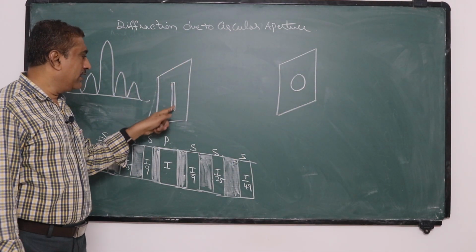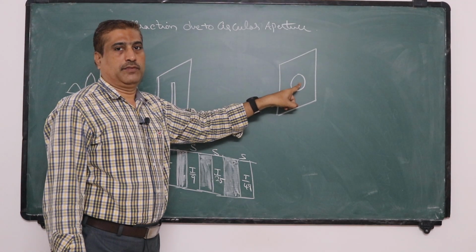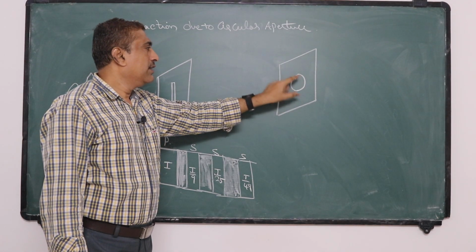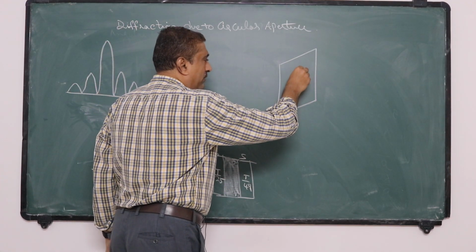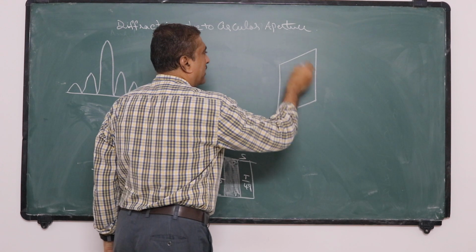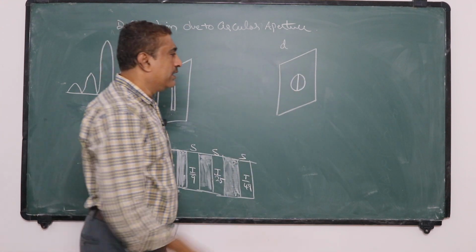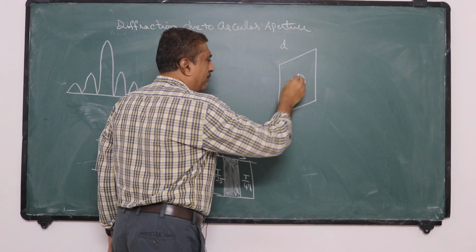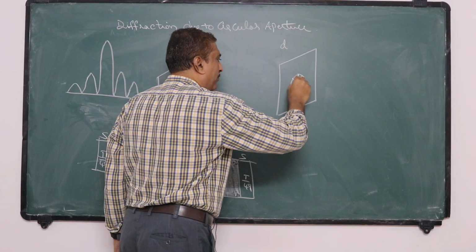instead of this rectangular opening, we have a circular opening. In that case, the path difference we can have in any direction is equal to the diameter. Assume that the diameter of that circular aperture is d, then we get a number of diameters like this. So in any direction it is d.